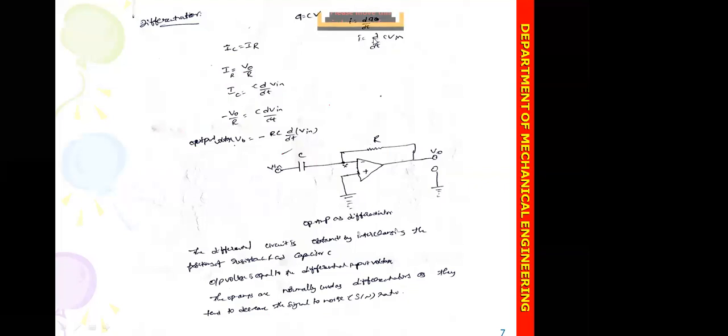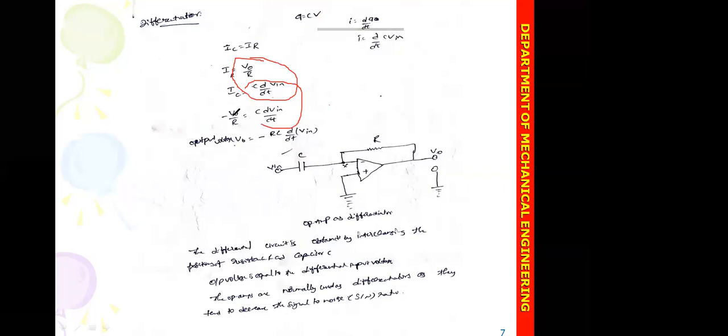So C dVin by dt is the current in the capacitor. If these two currents are equal, that means V naught by R and this one are equal, then minus V naught by R is equal to C dVin by dt.